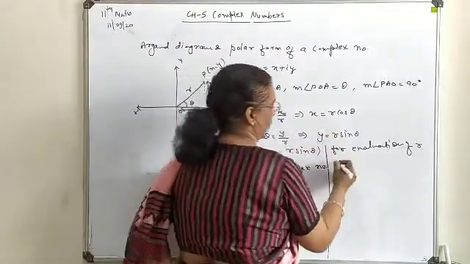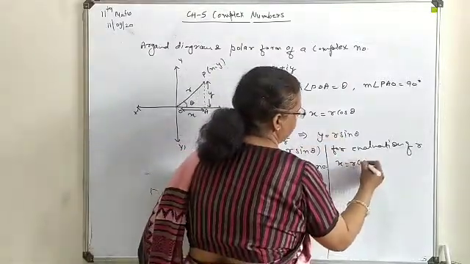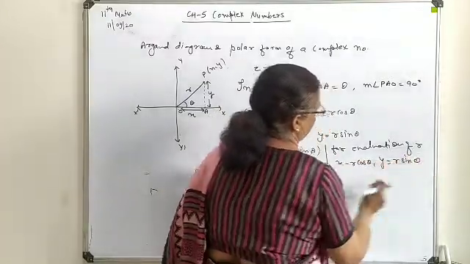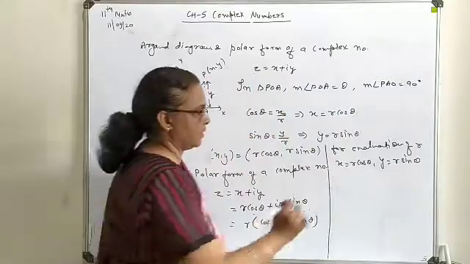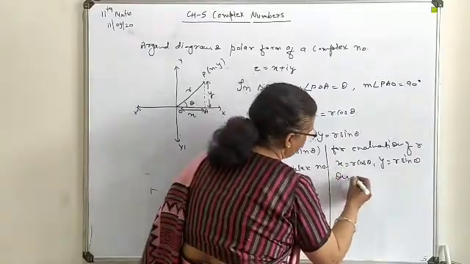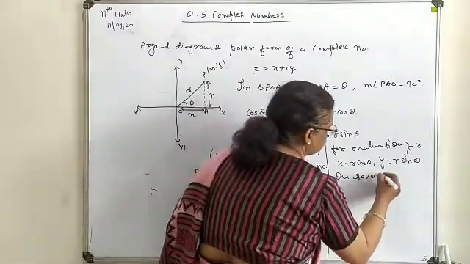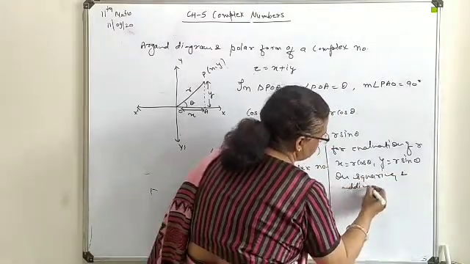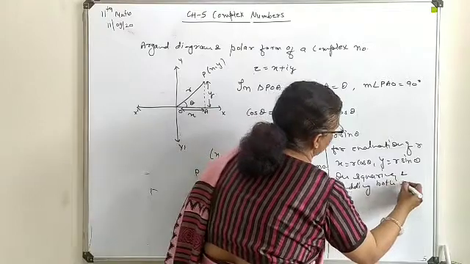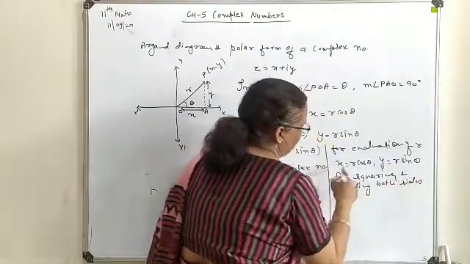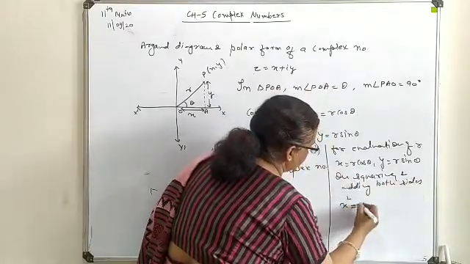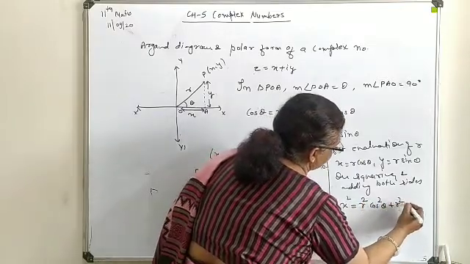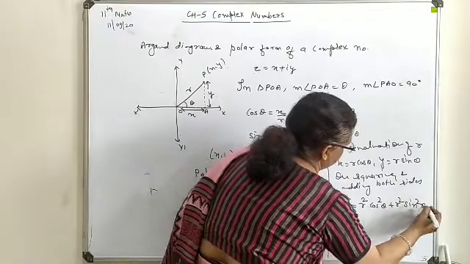x is r cos of theta whereas y is r sin of theta. Square them and add both sides. On squaring and adding both sides, what will you have? x square plus y square equals r square cos square theta plus r square sin square theta.